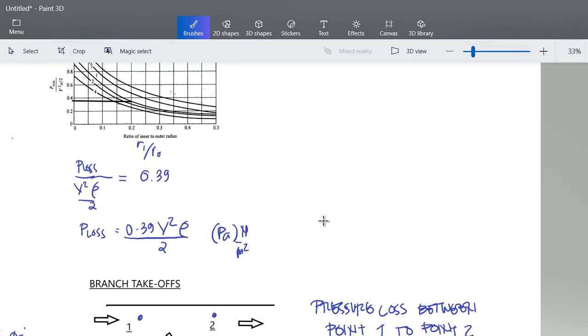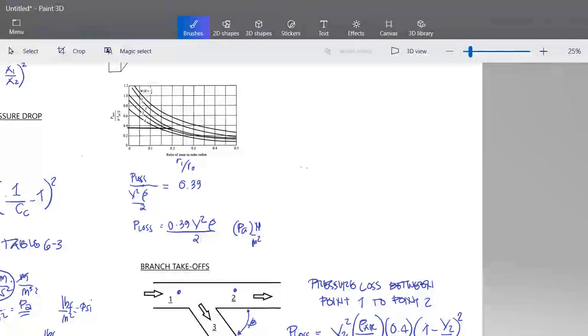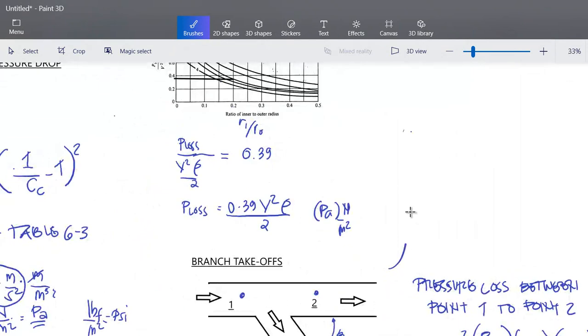Now for the pressure loss, let's move it here. So, continuation.